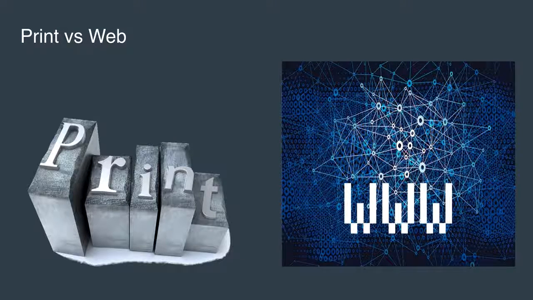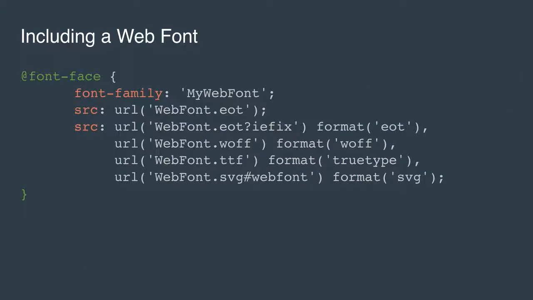Translation between print and web fonts of the same design will differ slightly. Fonts designed for web are often modified and optimized to enhance readability. Including a web font looks something like this. Does this look familiar? Have we seen this in our code base? Notice we have our font family, which is called My Web Font.